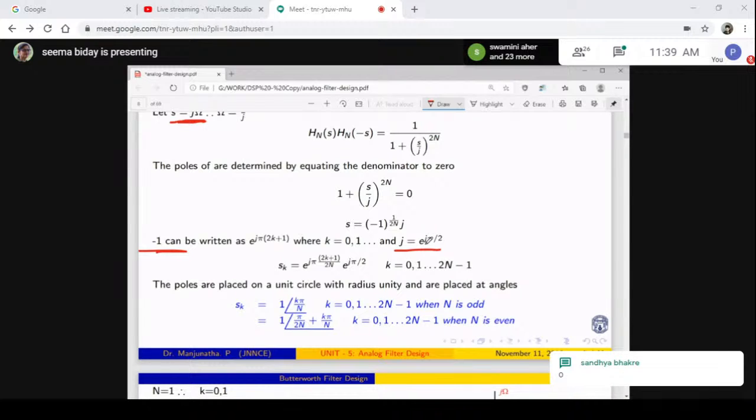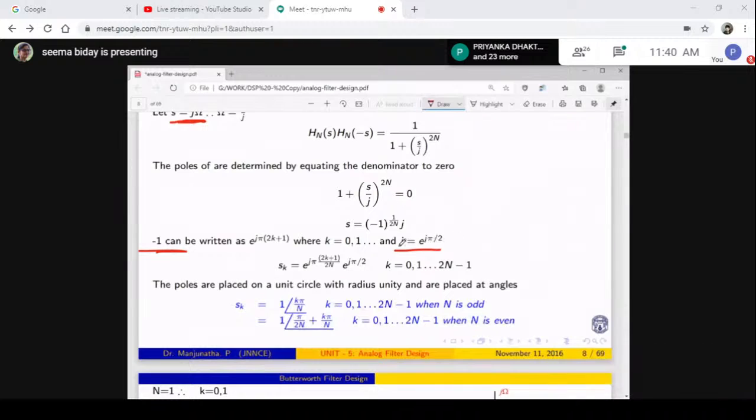Plus, okay. So cos pi by 2 plus j sin pi by 2. So j sin pi by 2, what is sin pi by 2? 1. Okay. So now 0 plus 1j will become j. This is how it is written.